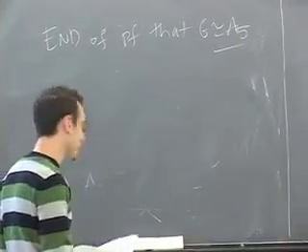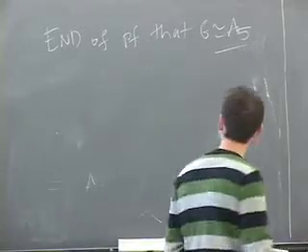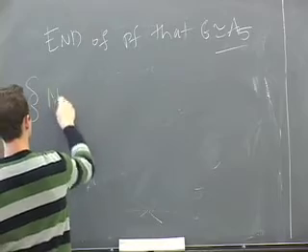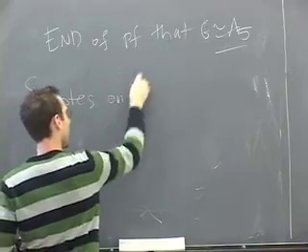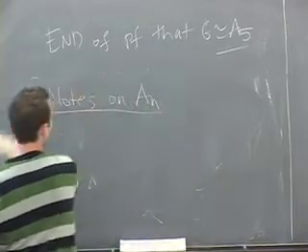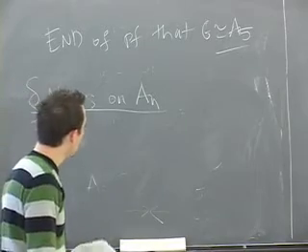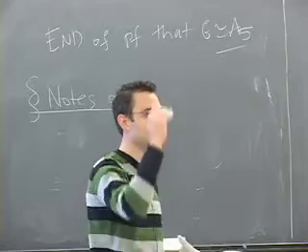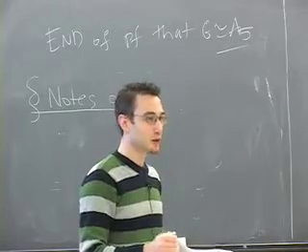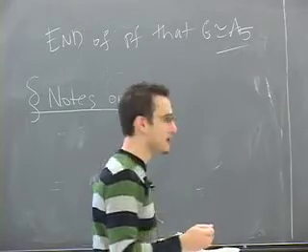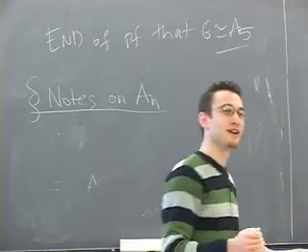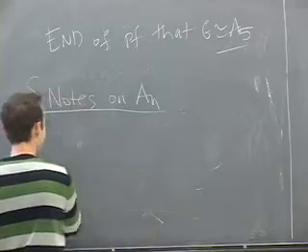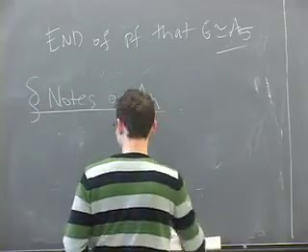So what about A_n? I don't have time to go through this. But what I'm going to do is give you a series of statements that look very plausible, and if you fill in the details for them, you'll be able to see immediately that A_n is simple.